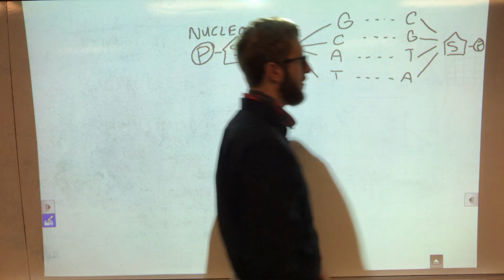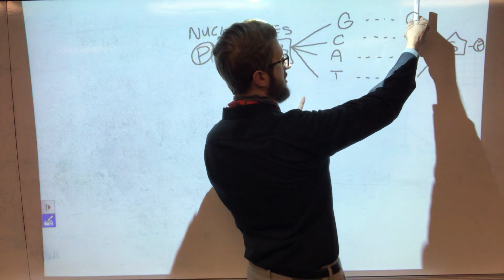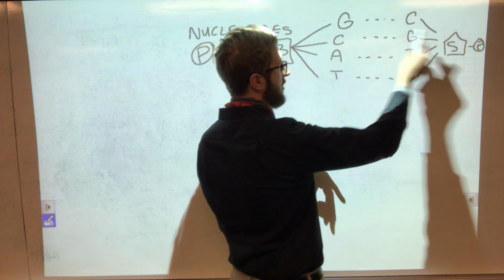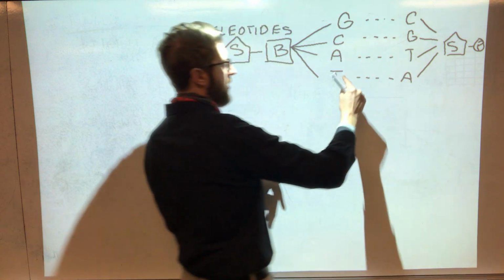On the other side, it'll be phosphate sugar C if there's a G across from it, or phosphate sugar G if there's a C across from it, phosphate sugar T if there's an A across from it, and phosphate sugar A if there's a T across from it.